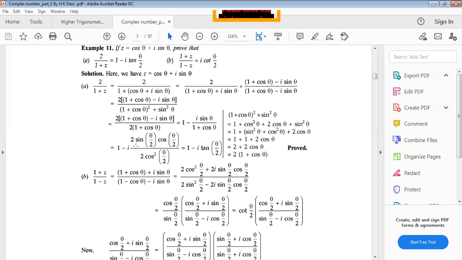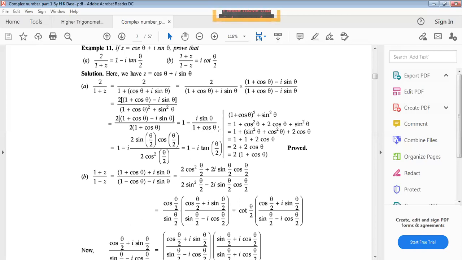Now 1 minus i sin theta over 1 plus cos theta. For sin theta, we have to use another formula in trigonometry, the sin twice a formula. Sin 2 into theta by 2, that means sin twice a. Sin twice a means 2 sin a cos a. And in the denominator, the 1 plus cos 2 theta formula, 1 plus cos 2 into theta by 2. Exactly.